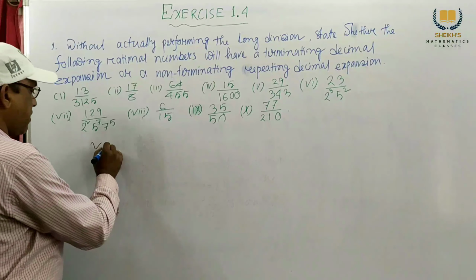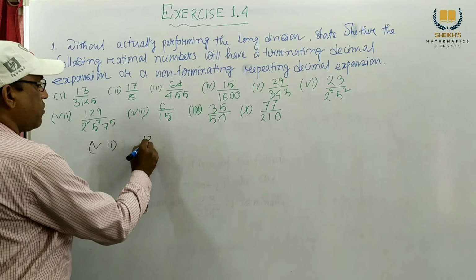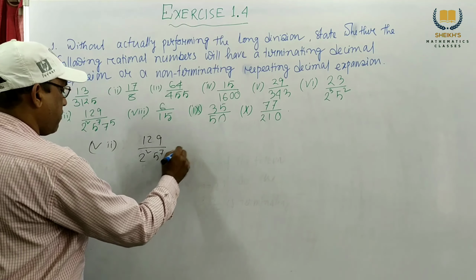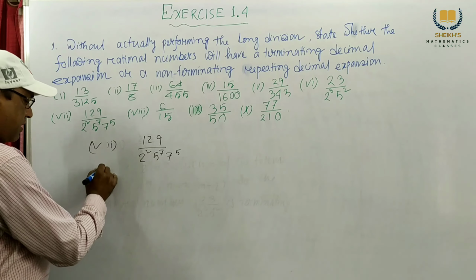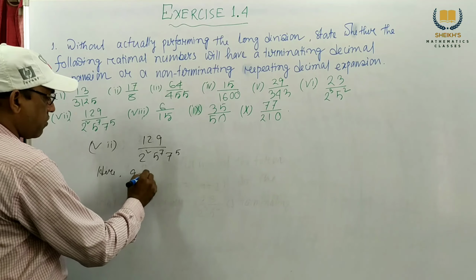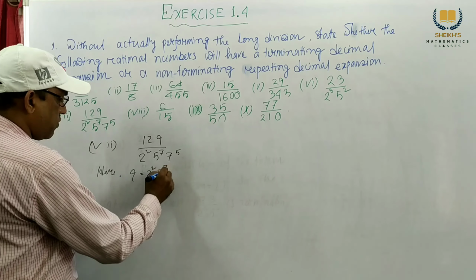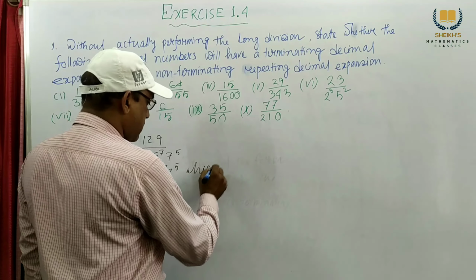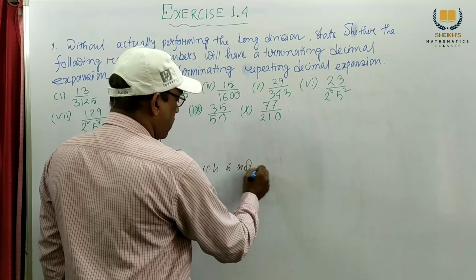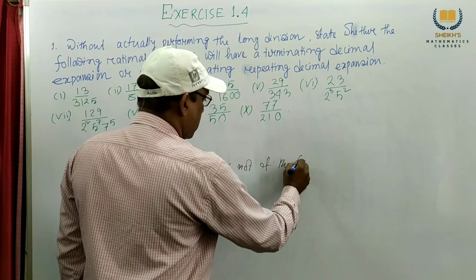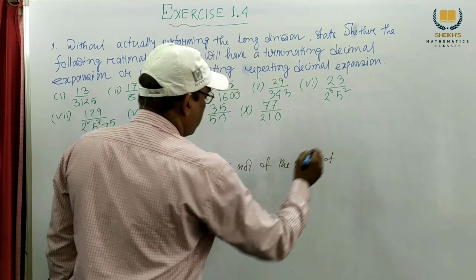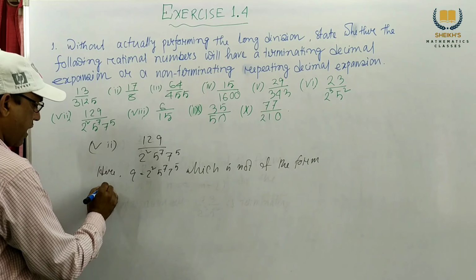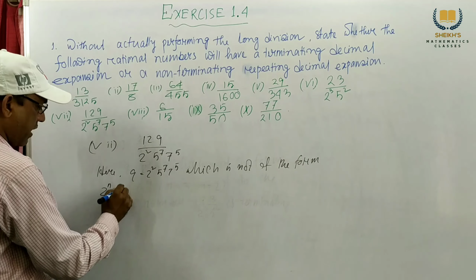Consider problem number 7. 129 by 2 square, 5 to the power 7, 7 to the power 5. Here q equal to 2 to the power 2, 5 to the power 7, 7 to the power 5, which is not of the form 2 to the power n, 5 to the power m.